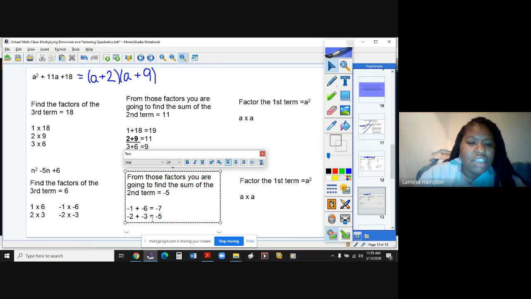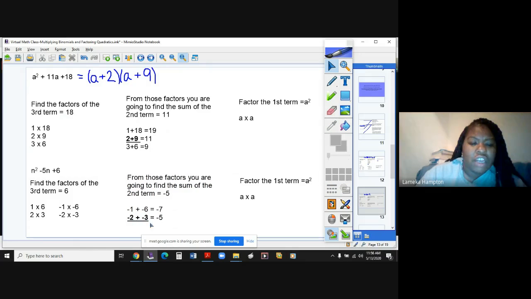So these are the numbers that I want. I'm going to go ahead and underline those, and I'm going to bold them. So these are the numbers that we will be using in our binomial.